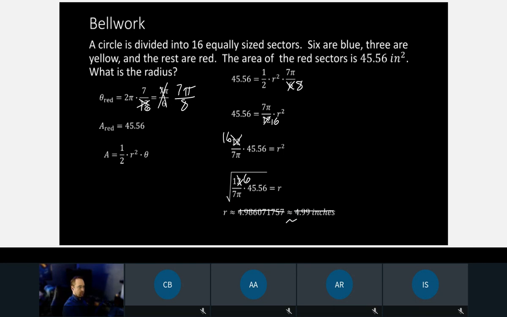I think people said it was 5.76. Is that right? Yep. So, yep, R equals 5.76 inches. Okay, so that is the correct answer. All right, nice job catching my mistake at the very beginning.